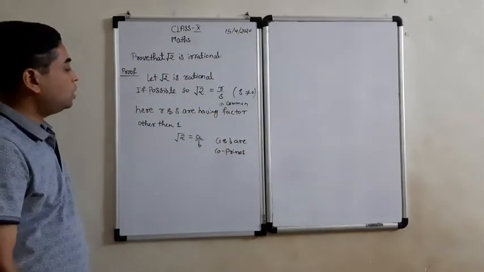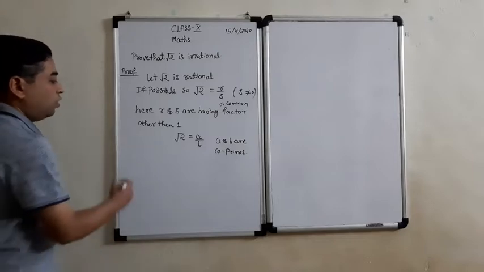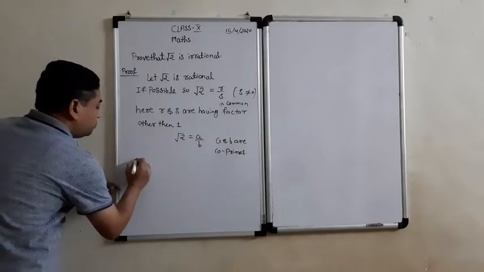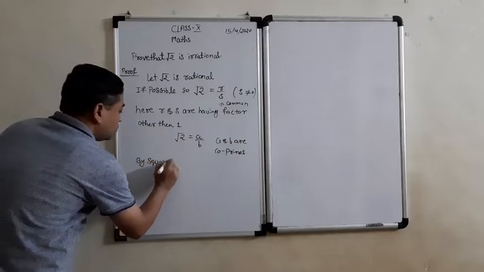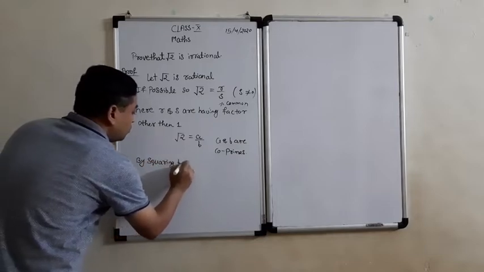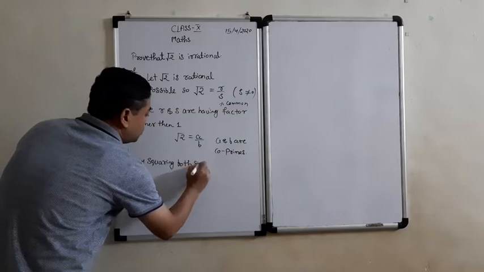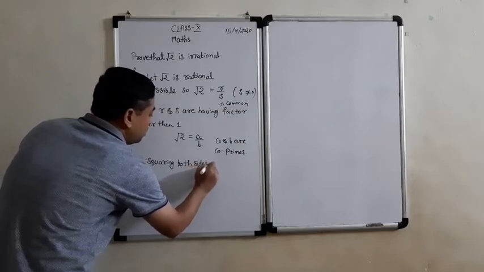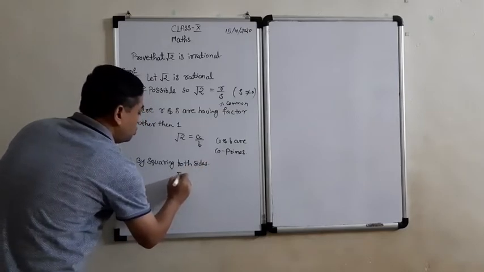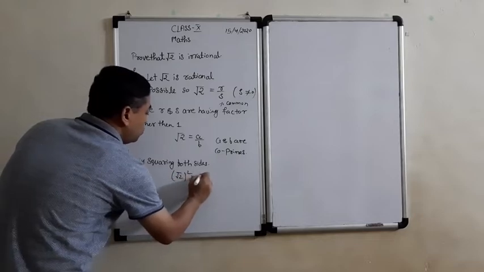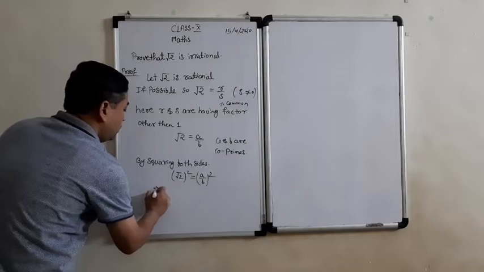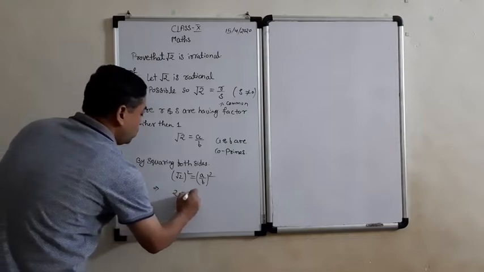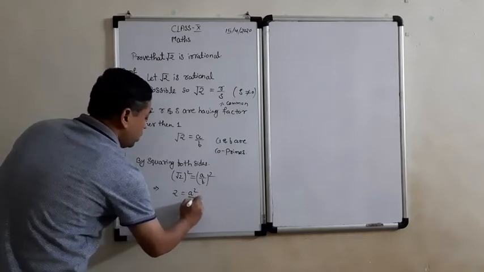After that, by squaring both sides, we get root 2 square is equal to a by b whole square. When we simplify, we get 2 is equal to a square by b square.